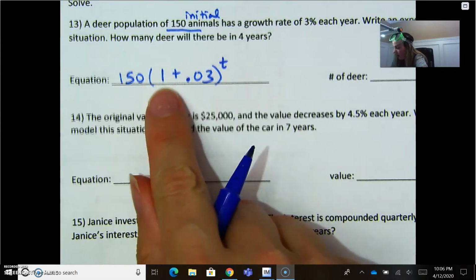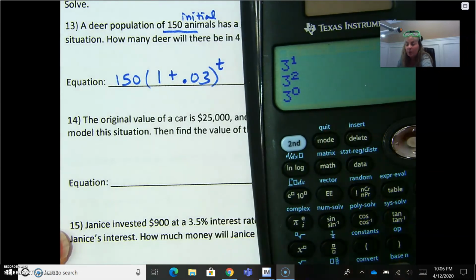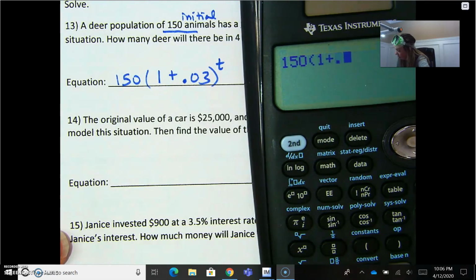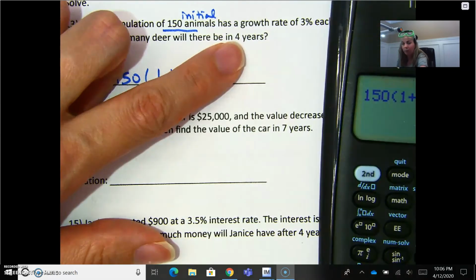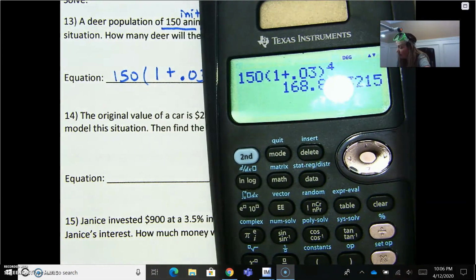So there's our model. We want to know how many deer there will be in 4 years. Oh dear. Let's see, 150 times 1 plus 0.03 to the 4, right? 4 years for time. We will have 168.8 deer.